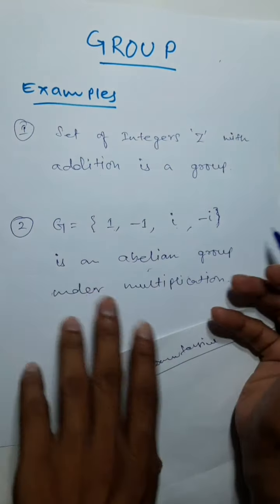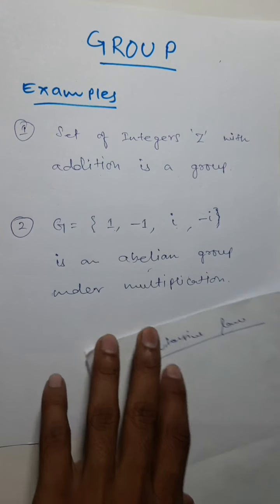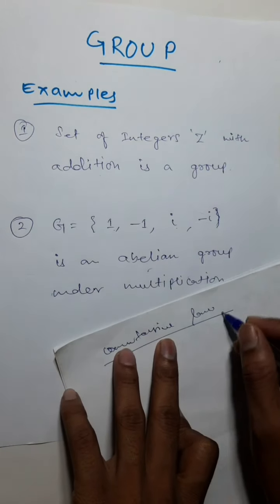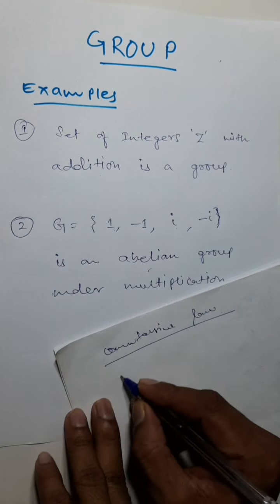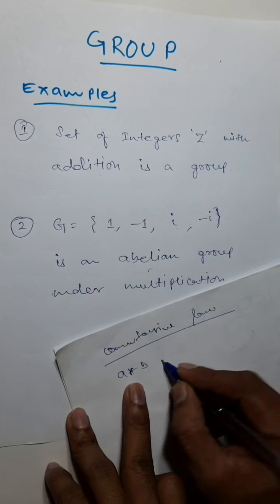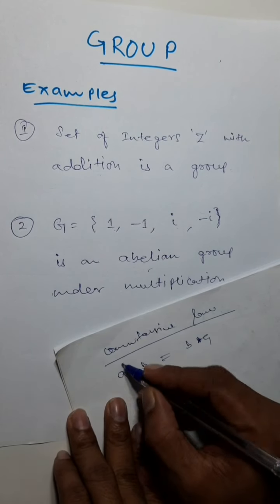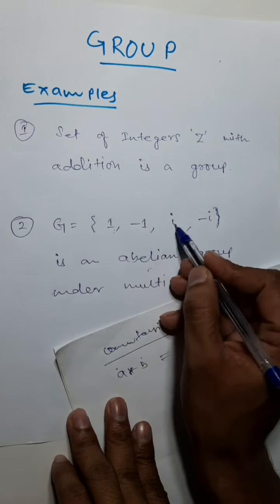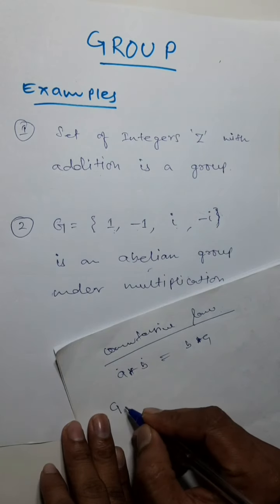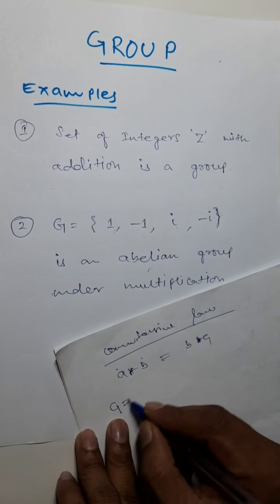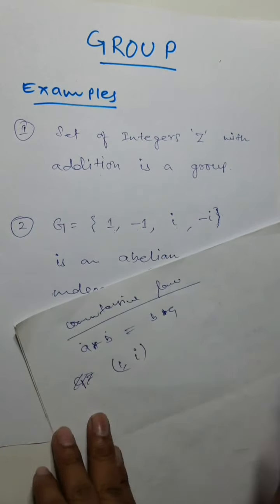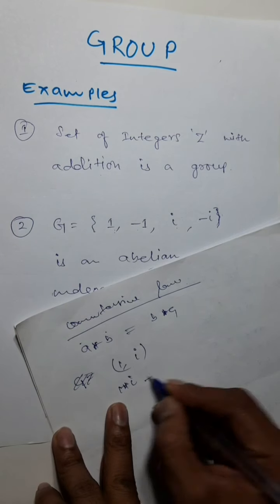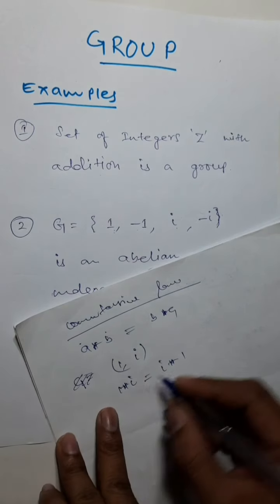One more thing is given here, that G is an abelian group. Abelian group means what we have to show? We have to show that it satisfies the commutative law also. Commutative law means if 2 elements are there, A star B will be equal to B star A. Consider any 2 elements from the set G. I am considering here 1 and I. Then 1 star I will be equal to I star 1.